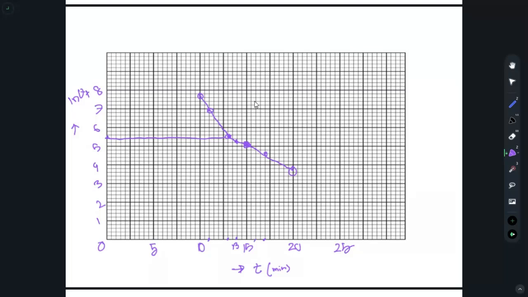Where the slope separates, we get a value of ln q, which we call ln q naught, and that is 5.5. From here we can get the value of q naught, which is e to the power 5.5, and that will generate a value of 245.